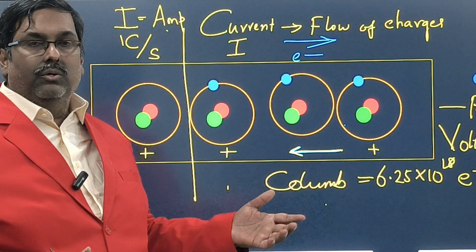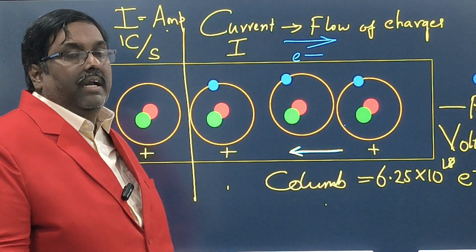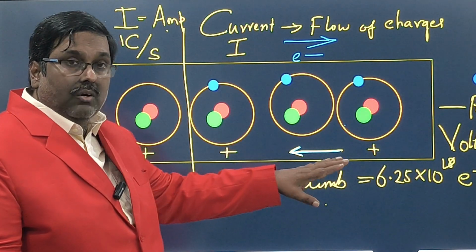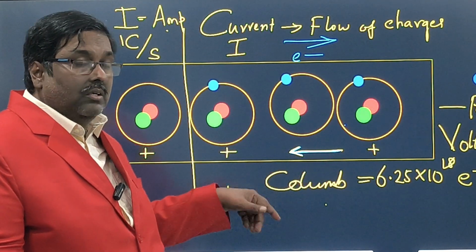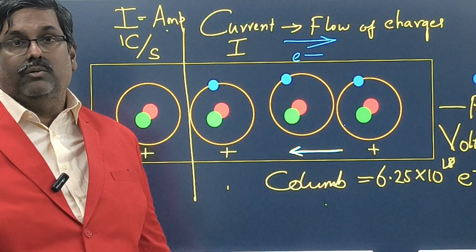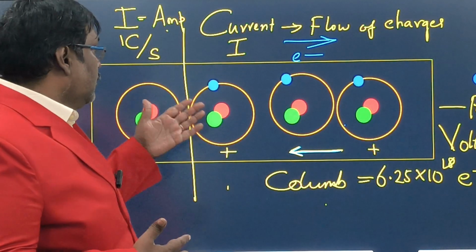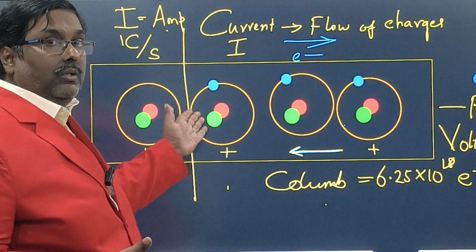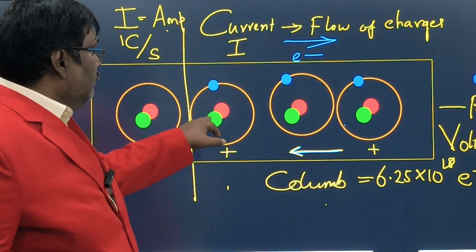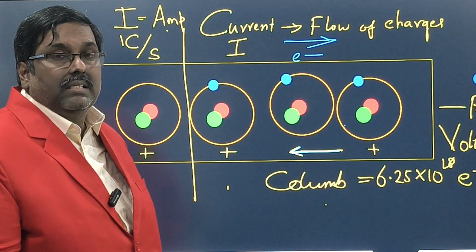I think in this video we discussed the basics, maybe a little more, which are a must for people to understand: what is conventional current, and what is the flow of electrons. We should not say it is a flow of electrons; we should say it is a flow of charges, in the reverse direction, positive to negative. Then the atom, how it is structured, how the electron moves from there, and the neutron. The neutron acts as a neutralizing agent between the protons, which have the same charge and repel each other.